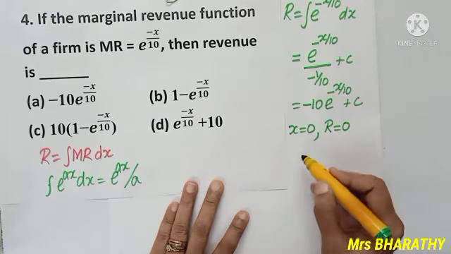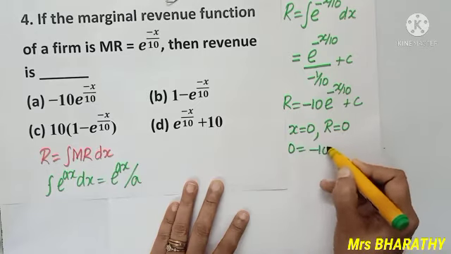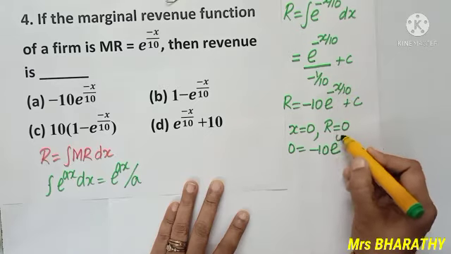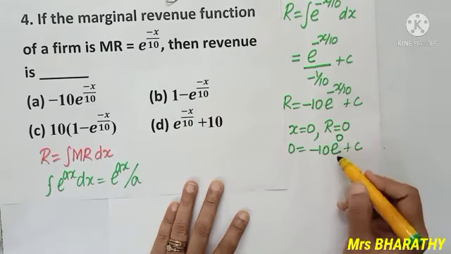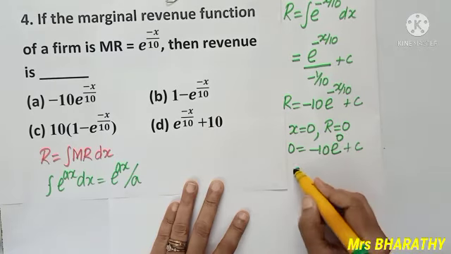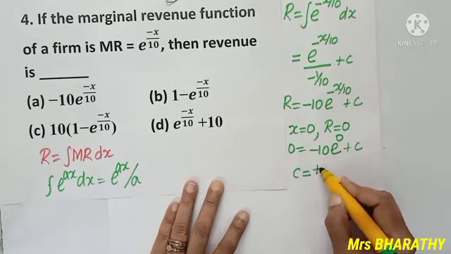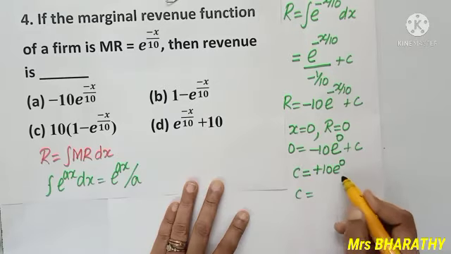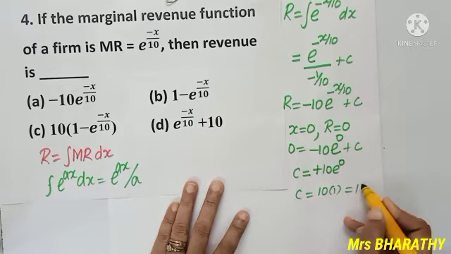As I substitute, R becomes 0, minus 10 e power minus x by 10 is 0, plus c. We remember e power 0 is 1. So c is equal to minus 10, which goes to the other side as plus 10 e power 0. And e power 0 is 1, so 10 into 1, that is 10.